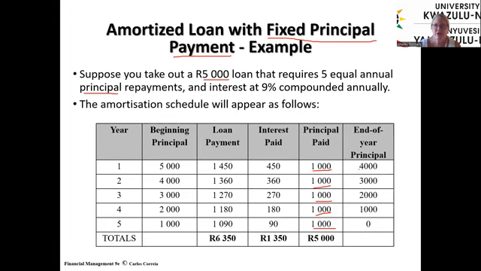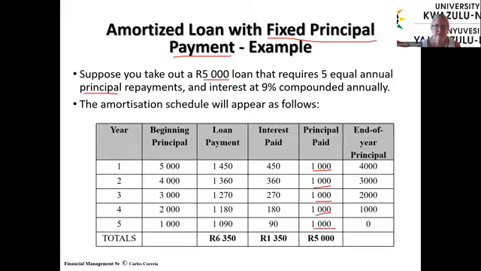But at the end of the year, you'll still owe 4,000 because the 5,000 loan minus the principal that you paid is 4,000. And that's the same every year. You're reducing that principal by 1,000 every year until it's zero. In the meantime, you're paying interest on the reducing capital balance, the amount that you still owe.